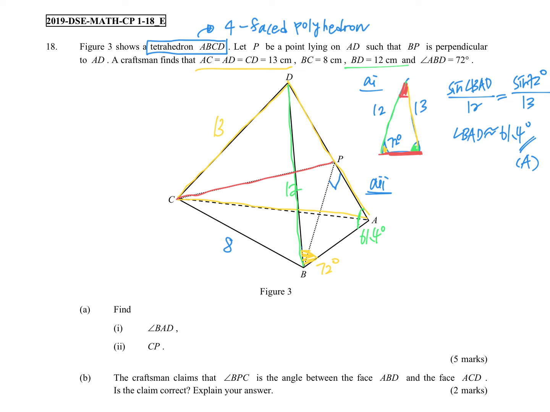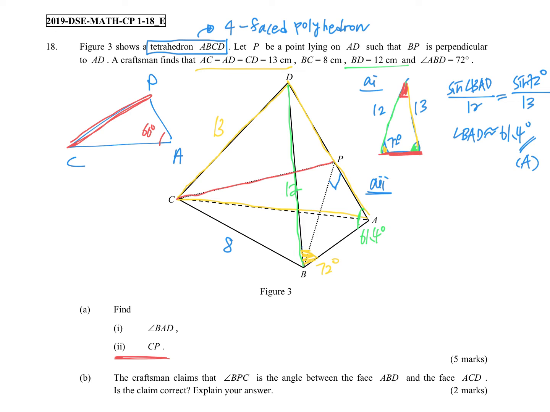And then I think the key step would be using the equilateral triangle, a hidden equilateral triangle, by considering this triangle, ACP, and then we want CP, corresponding to 60 degrees.